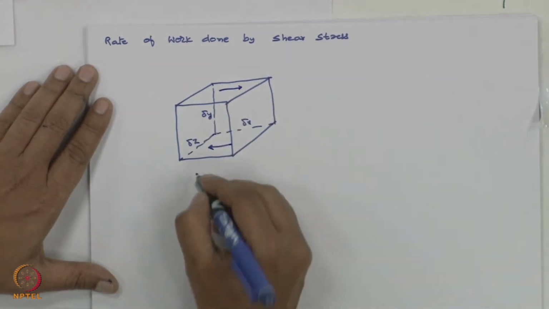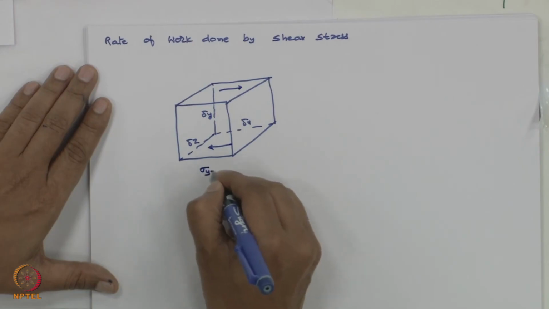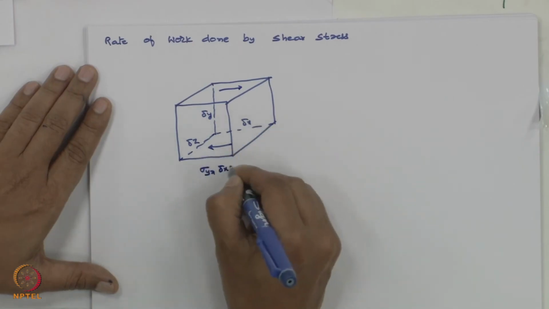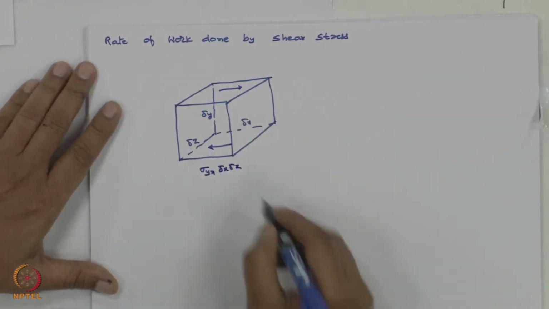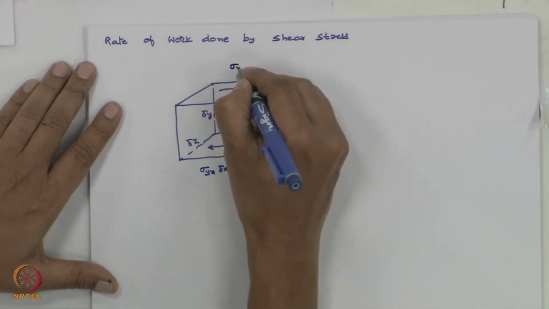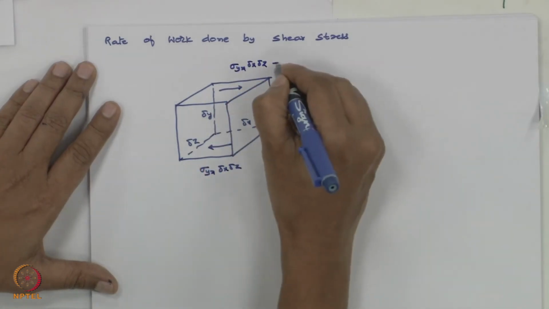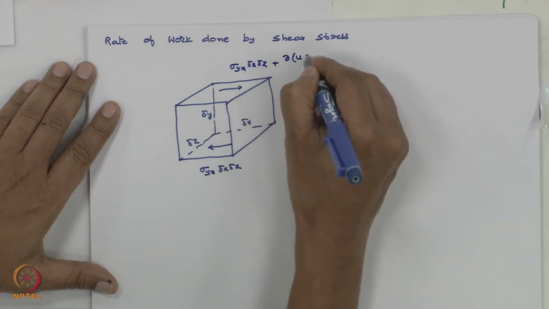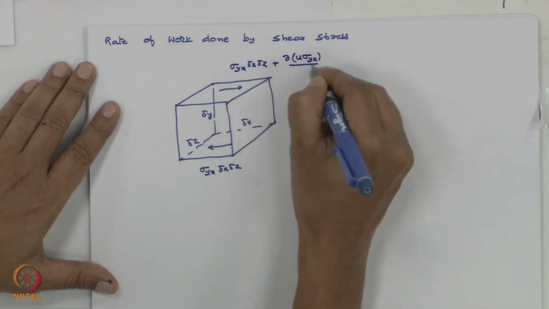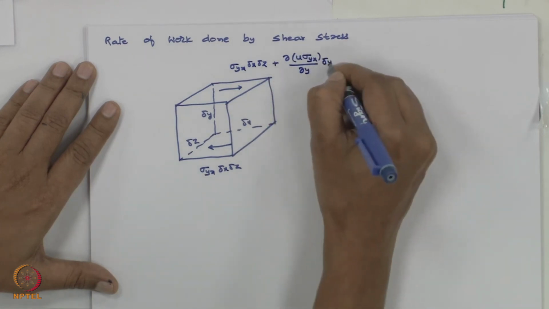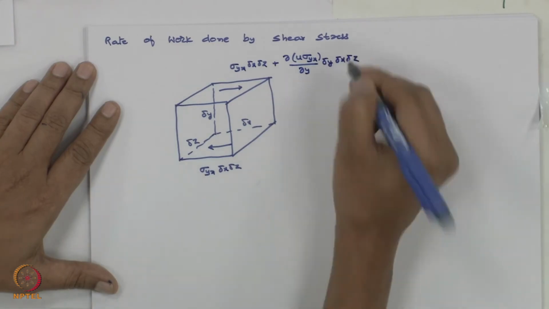So you have sigma yx delta x delta z. Here it would be sigma yx delta x delta z plus del of u sigma yx by del y delta y delta x delta z.